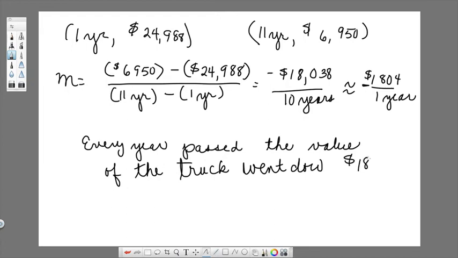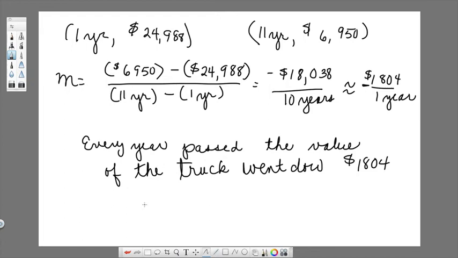About $1,804 a year. So the negative means that the value goes down, and it makes sense. As our cars get older, most all cars lose their value. The only thing that would be different if it was a collectible, like a 1969 Mustang or something like that. But most cars lose value.